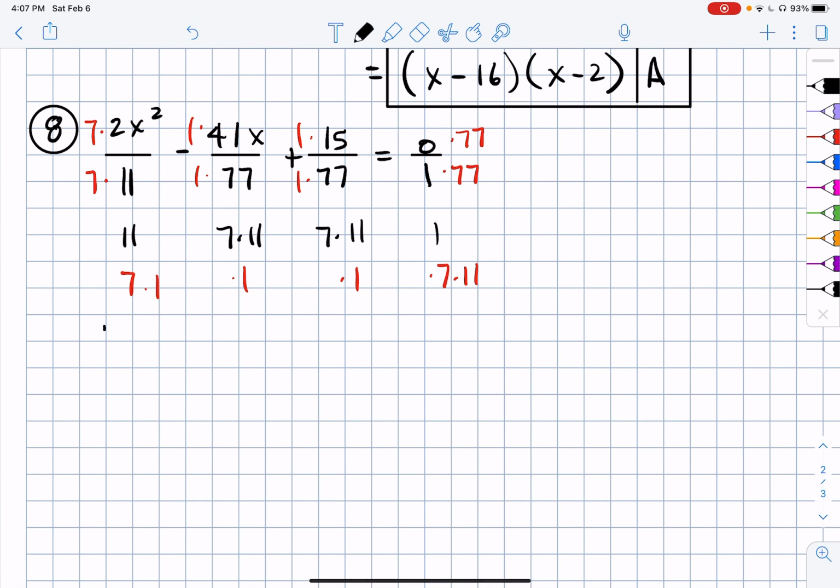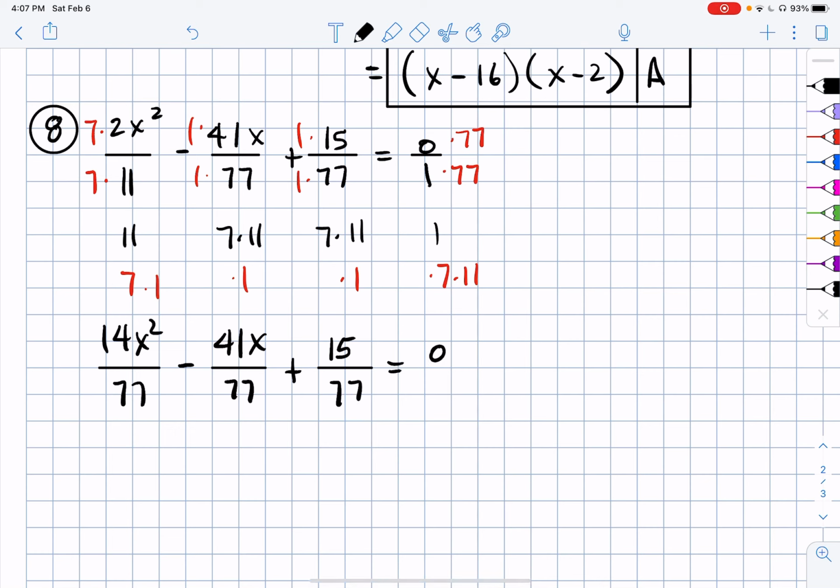All right, what do I get? I get 14x squared over 77 minus 21x over 77 plus 15 over 77 equal to 0 over 77.